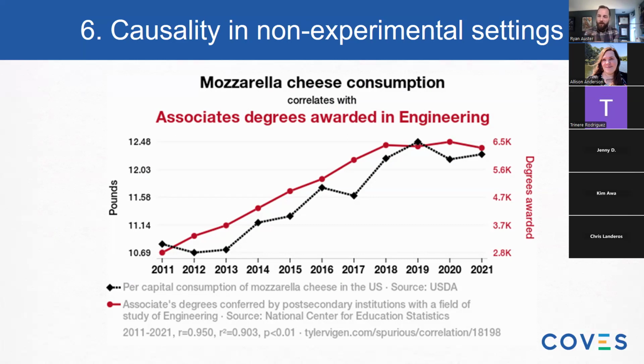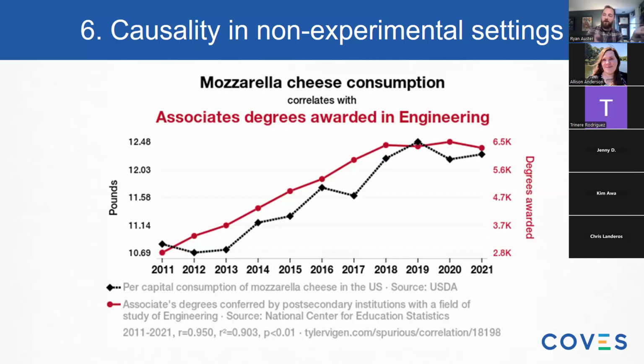There is absolutely no reason to believe that the consumption of mozzarella cheese predicts engineering associate's degrees, right? That is a spurious correlation. And yet, using more than 10 years of data in this example, the variance explained is higher than 90%, which is as good as you're ever going to do in a full linear regression.